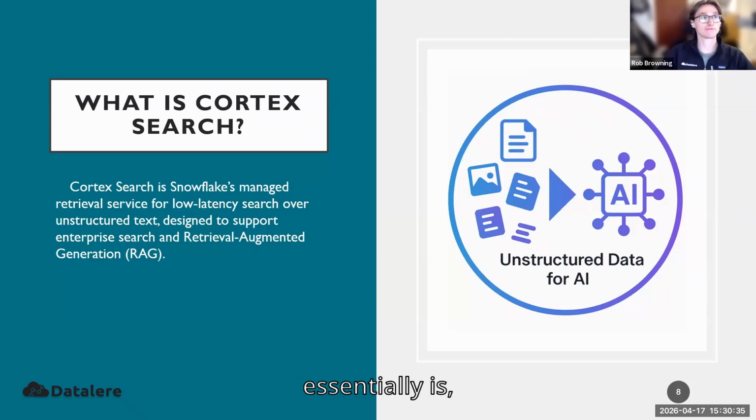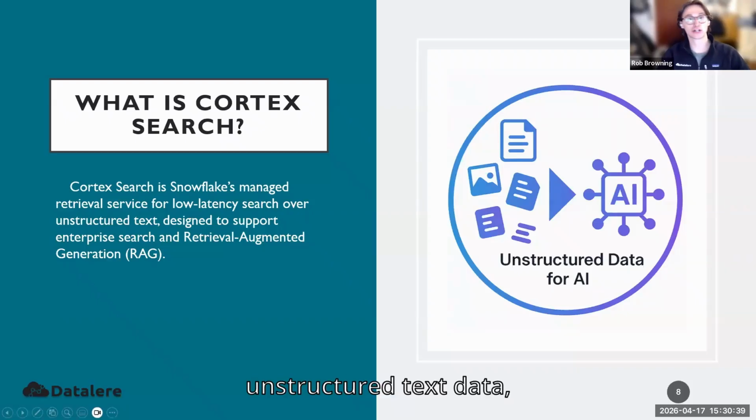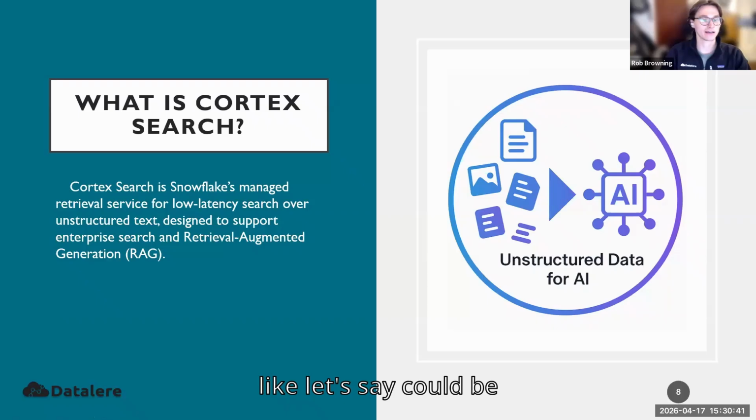So what it essentially is, if you have a corpus of unstructured text data, like let's say scanned receipts, invoices, things that typically would require a human to analyze and actually pull the information insights out of. By using Cortex Search Services, you're able to have a large corpus of that data, but then still have that data be queryable by the LLM.